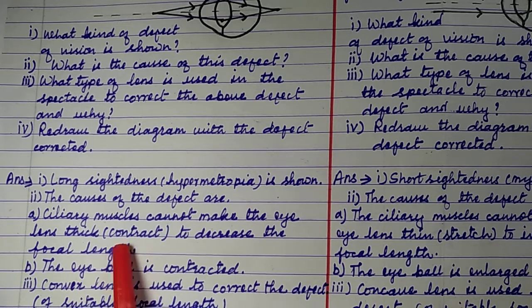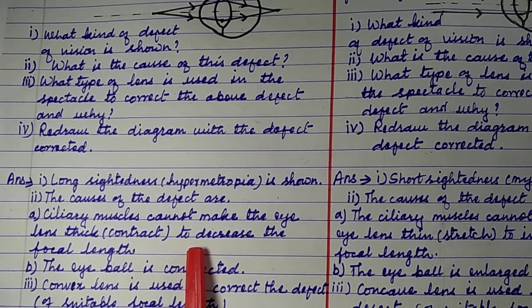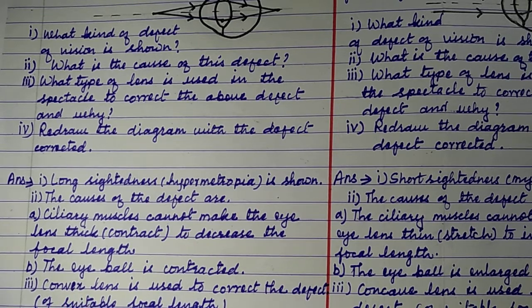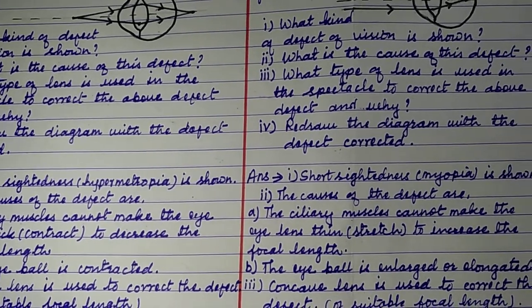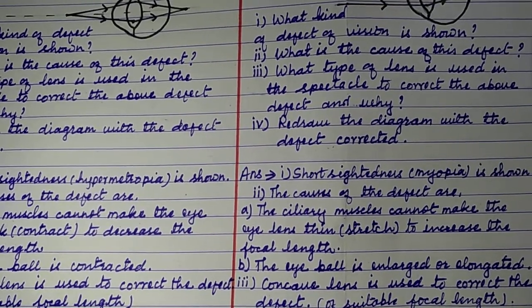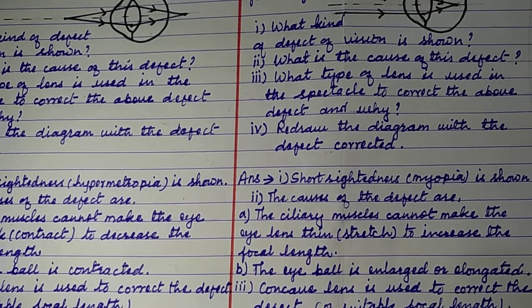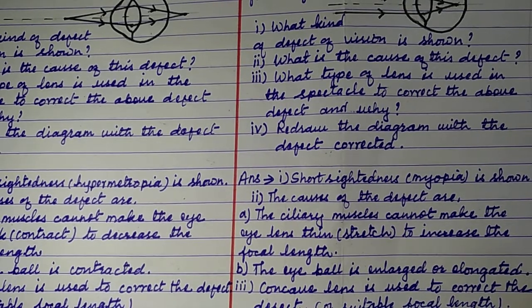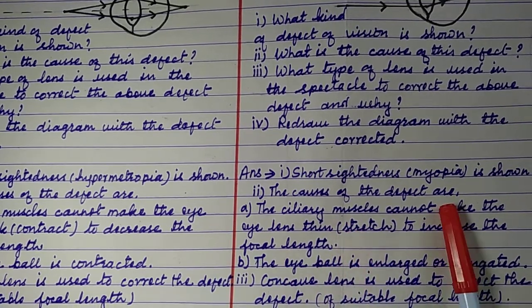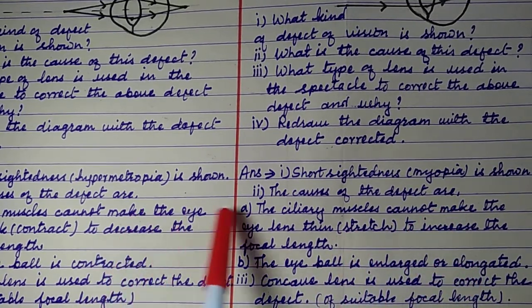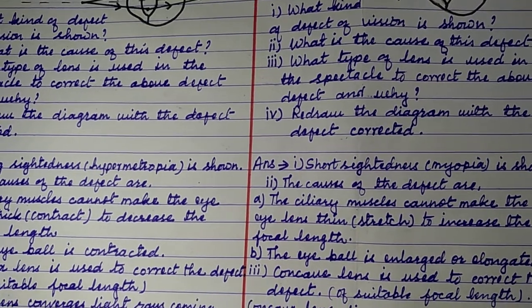And in short-sightedness, the ciliary muscles cannot make the eye lens thin to increase the focal length, or the ciliary muscles fail to stretch the eye lens so that the focal length is made longer. The points are written side by side in similar language so that it is easy for you to remember.